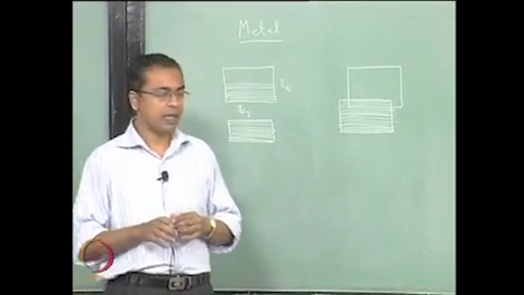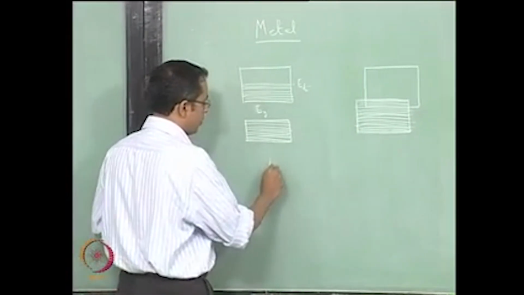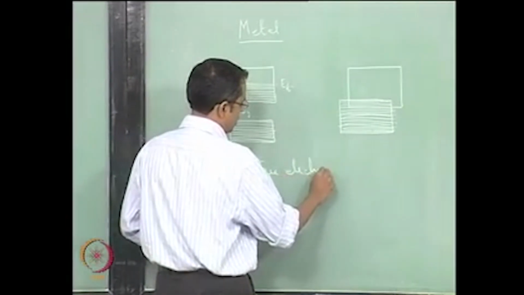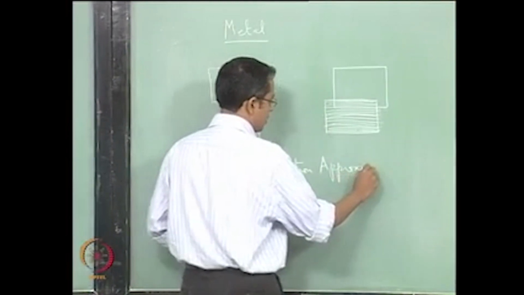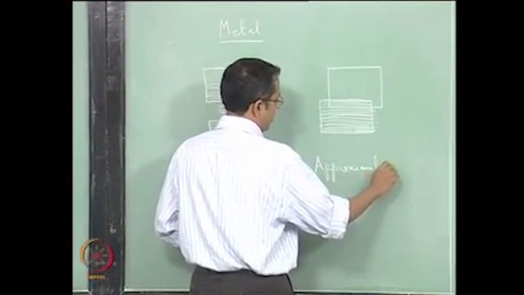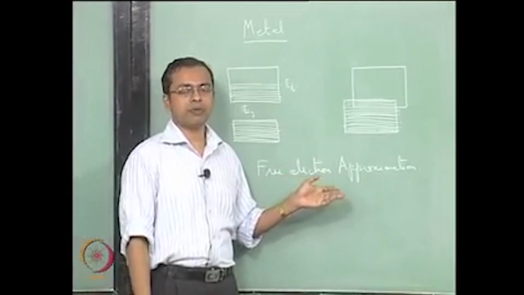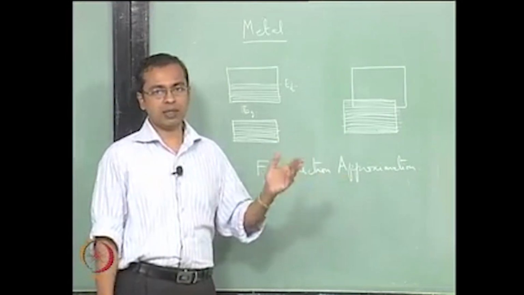So this is what we did. Our approach, the way we have done it, is in fact called the free electron approximation. So everything that we have done so far, effectively all the theory that we have developed so far, represents this general approach referred to as the free electron approximation.